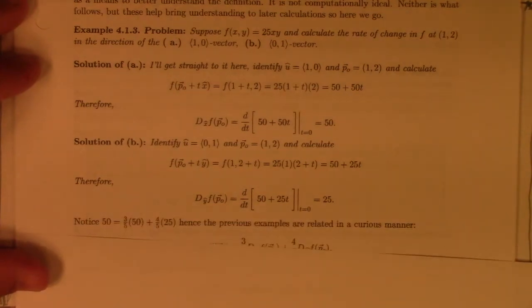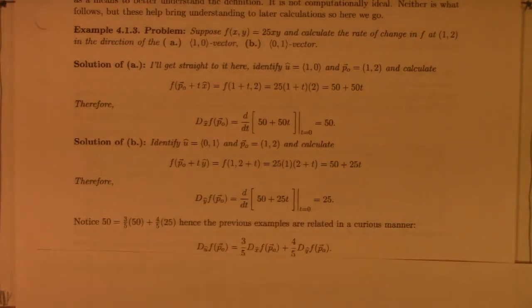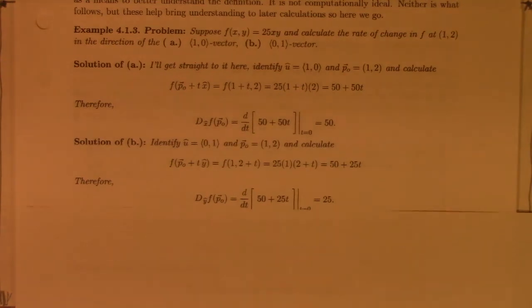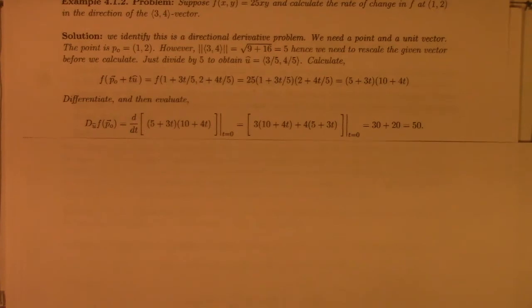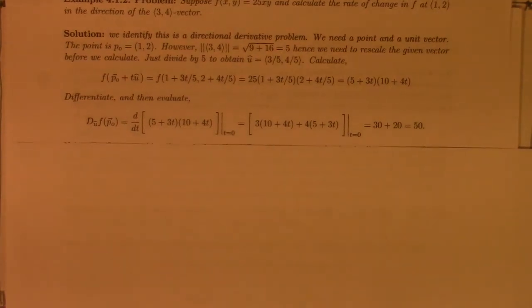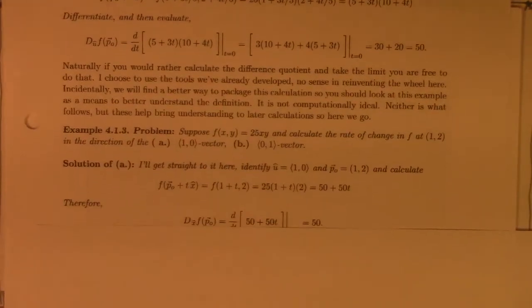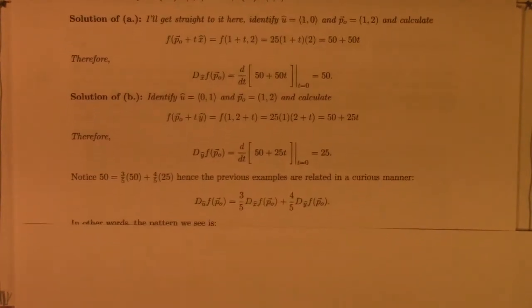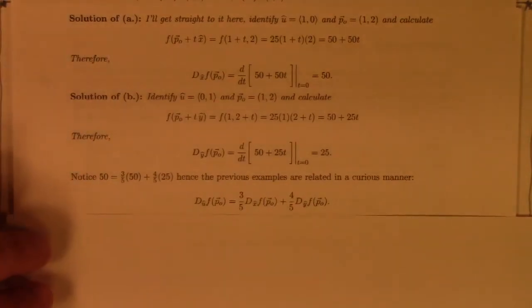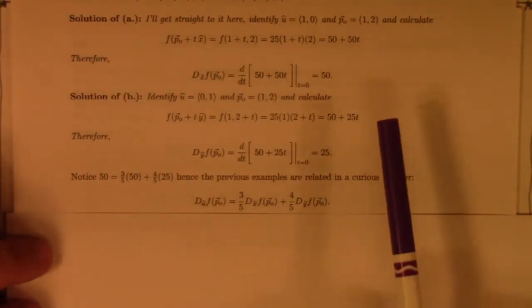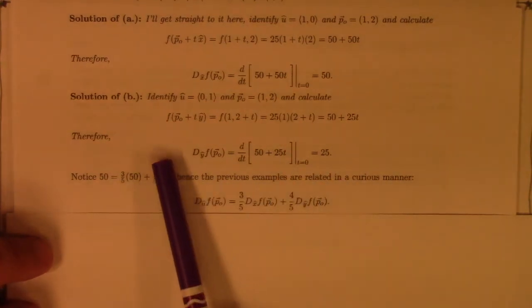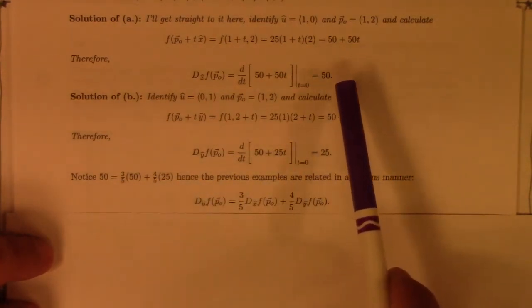So notice that this shows you that our direct calculation that we did to start with in the previous example, we got 20 plus 30, which was 50 for that directional derivative, right? And so we could see that linking these two examples, 50 is 3/5 times 50 plus 4/5 times 25, right?